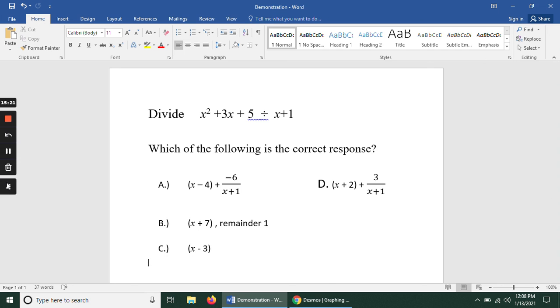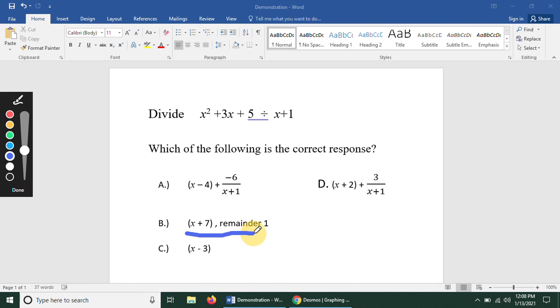And finally, I want to point something out here. Anytime you're given a solution choice where you have an expression and a remainder, you will have to enter the expression, in this case x plus 7, and then you're going to say plus your remainder, in this case 1, over your divisor, which is, in this case, x plus 2.